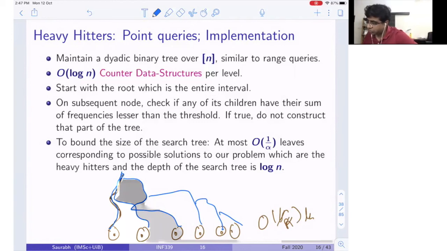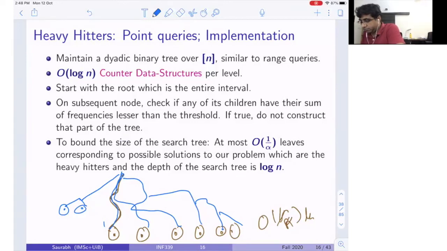But you might ask the question: well, I might go far too deep and then realize that none of these children has this property. Can that happen? How can we take care of that? You get my question? Look, if this is true, we will definitely be creating this part of the subtree because of the heavy hitter definition.